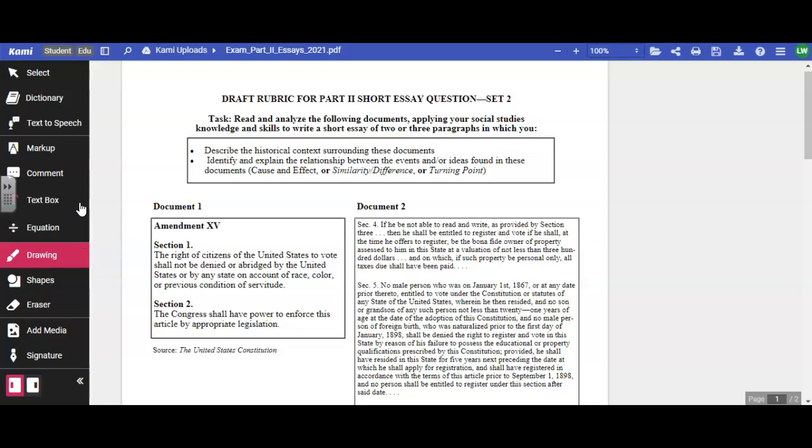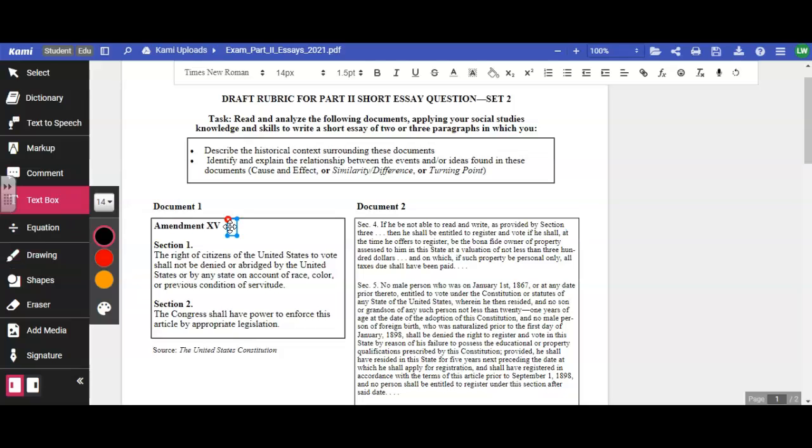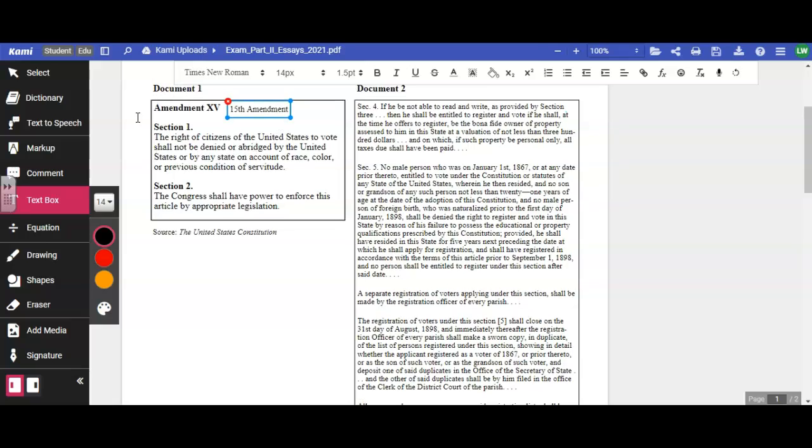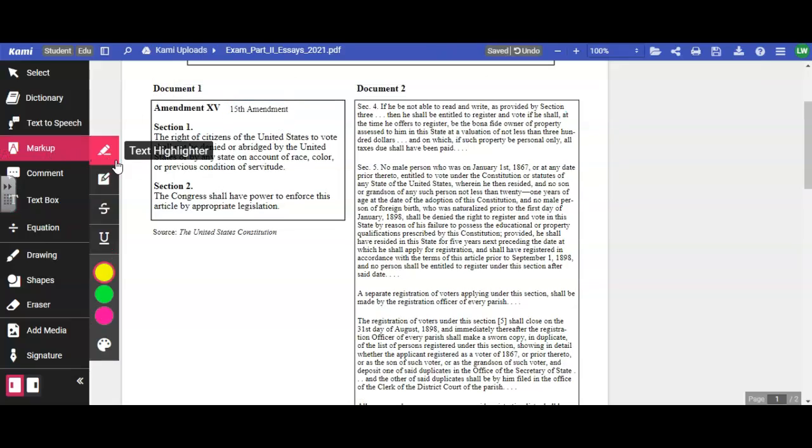So when we're looking at these documents, we have document number 1 here, and document number 1 is the 15th Amendment. It says the right of the citizens of the U.S. to vote shall not be denied or abridged by the United States or by any state on account of race, color, or previous condition of servitude.